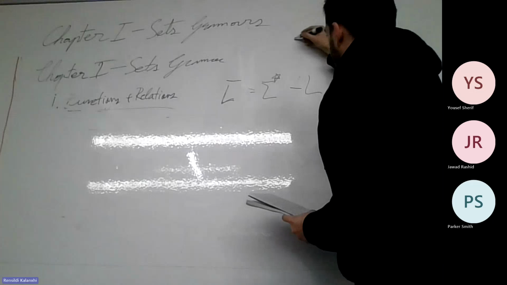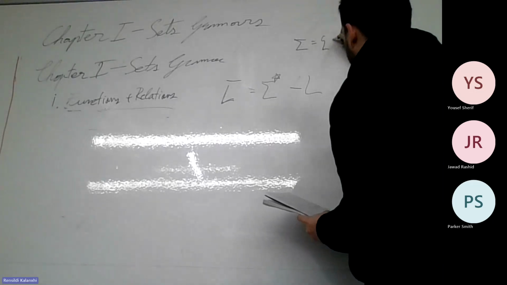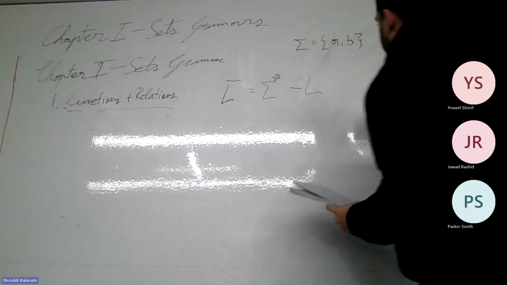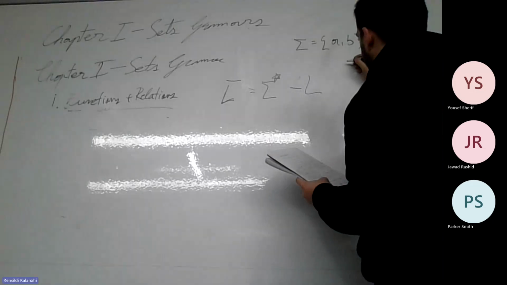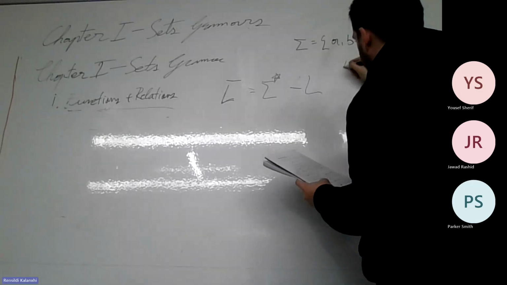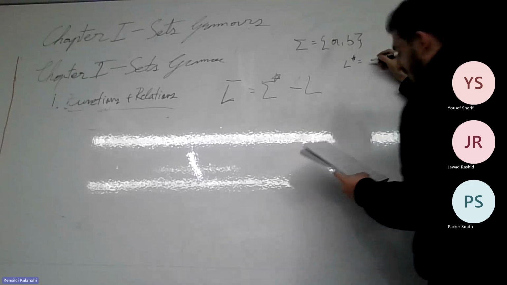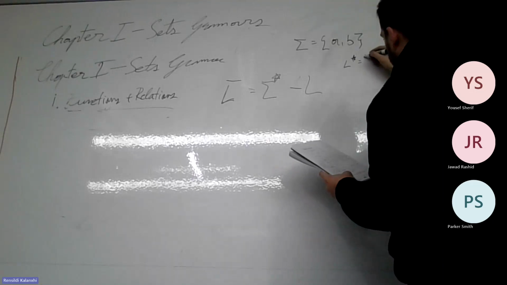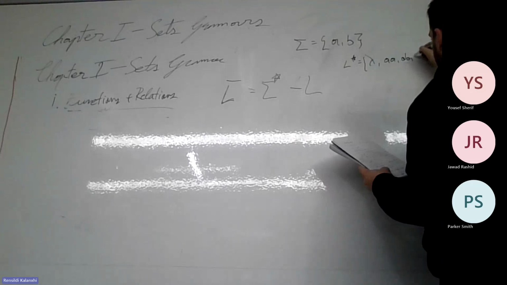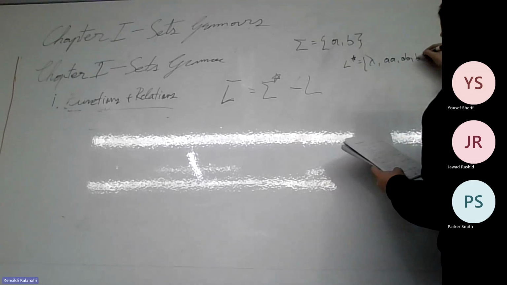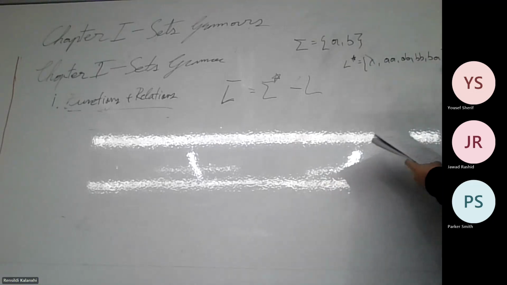Let's still refer to the old sigma, the old alphabet. And let's say that L star is equal to lambda, AA, AB, BB, BA. Okay.